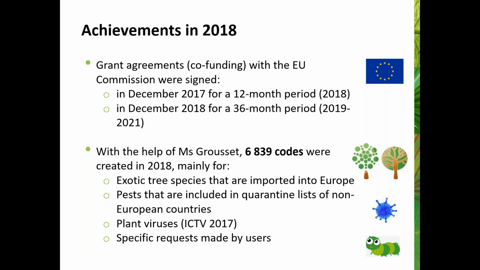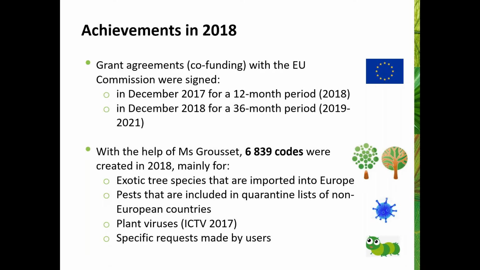And so instead of creating an average of 2,000 codes, we created last year more than 6,000 codes. These codes mainly covered exotic tree species that are traded, that are imported in particular into Europe.